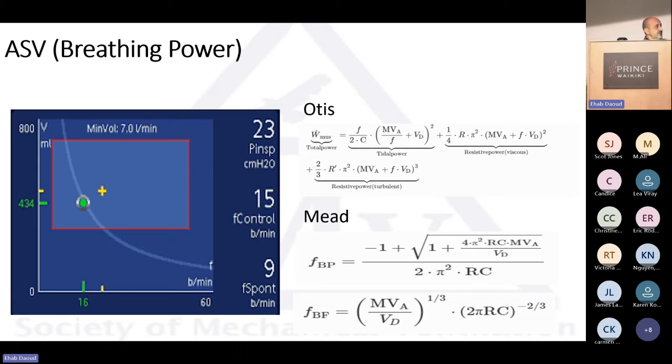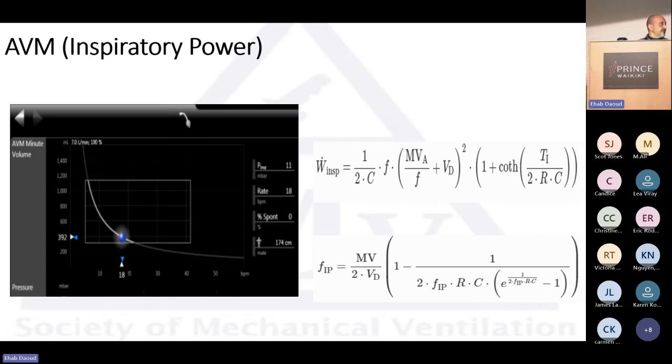But anyway, that's how ASV changed its algorithm from ASV to ASV1, but it's still the same picture, the same kind of thing, just a different algorithm. Now, a different ventilator mode called the AVM. If you look at the background, the picture is a little bit different, but it gives you the same safe window, same concept, but based on a different equation called the inspiratory power.